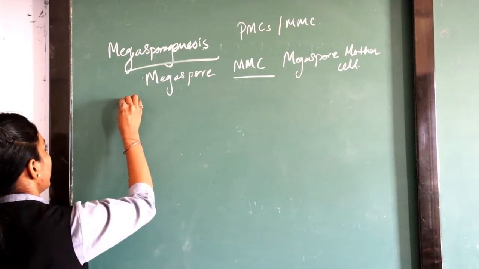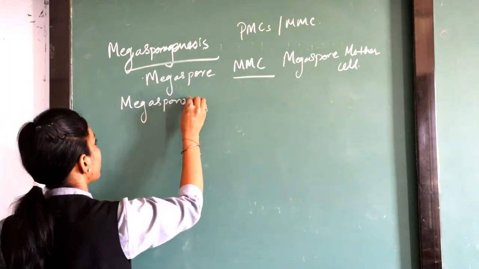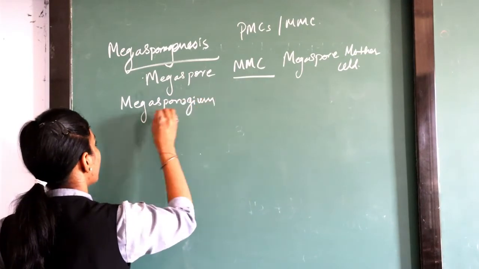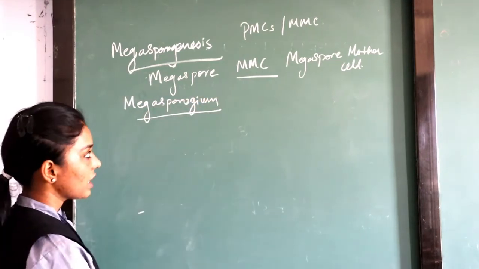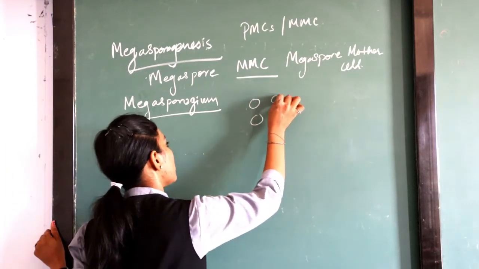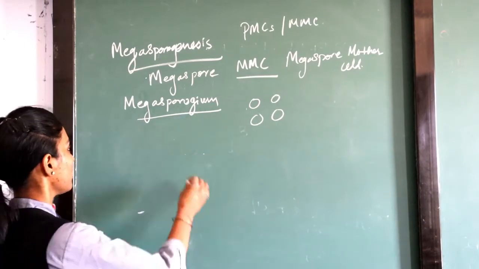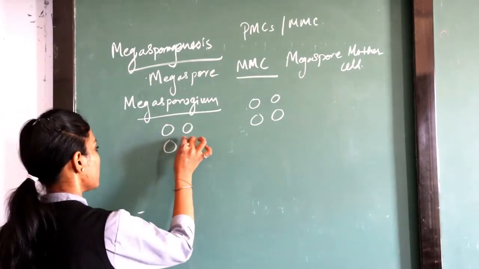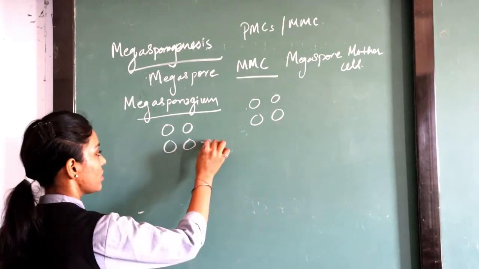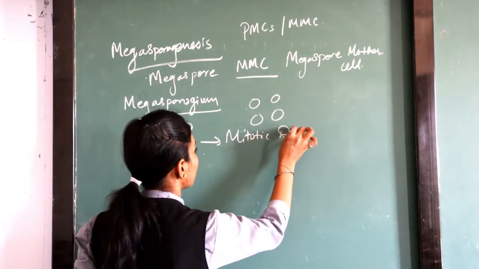One more term is megasporangium. In the male gametophyte we saw that tetrad formation was there. Here too we have the same tetrad formation, but this tetrad formation is because of mitotic division.